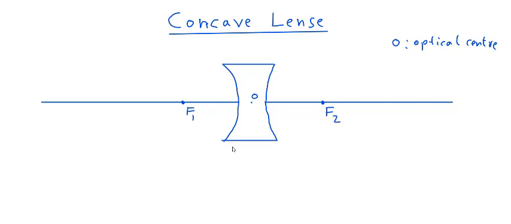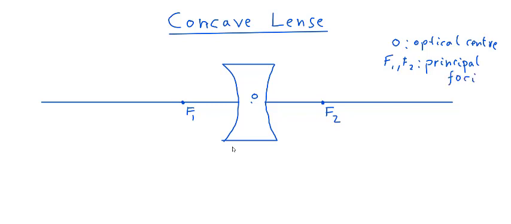And you see these 2 points here, F1 and F2. These are just like what we had for the convex lens again. These are known as the principal foci.